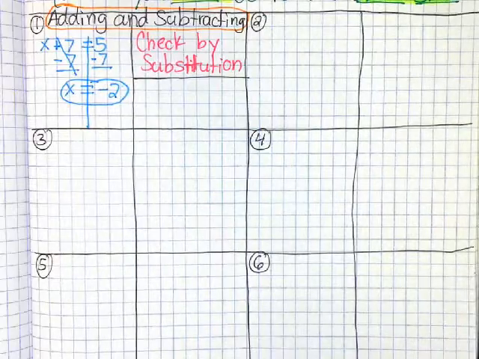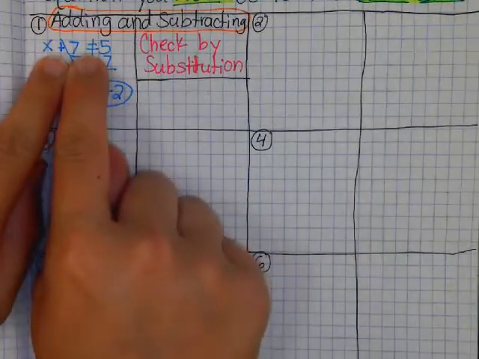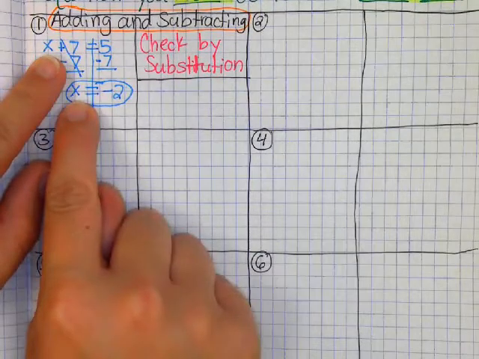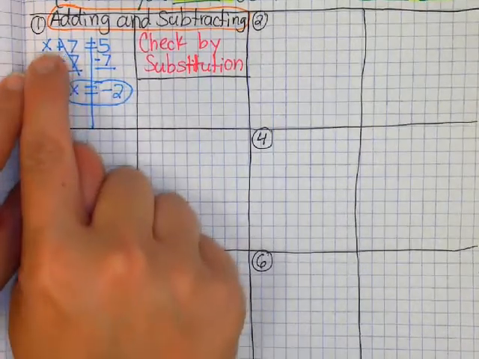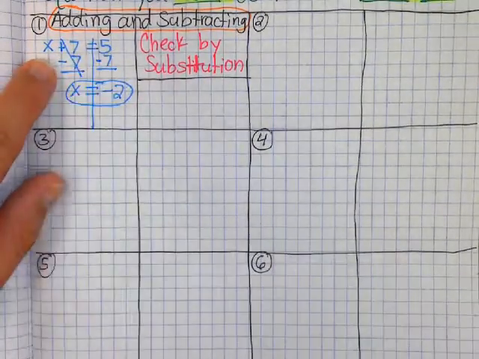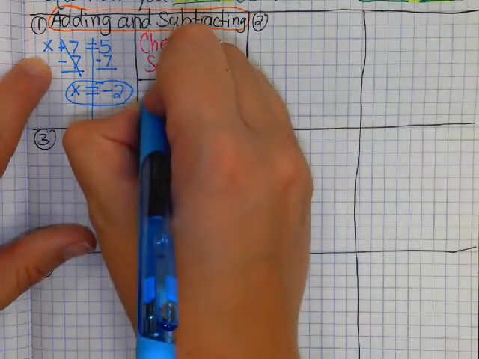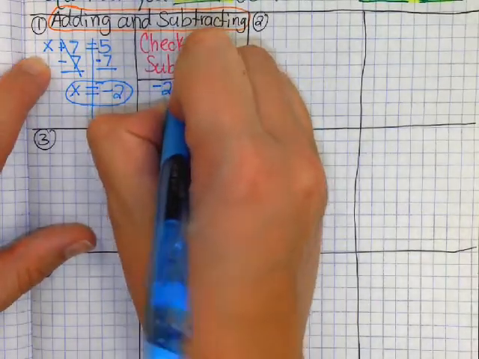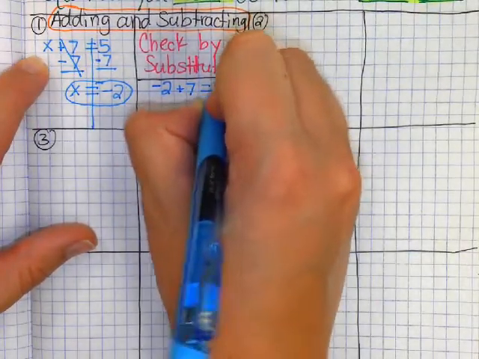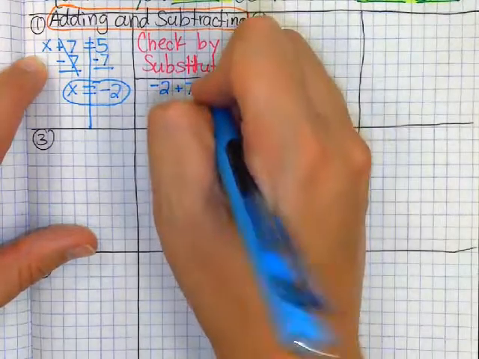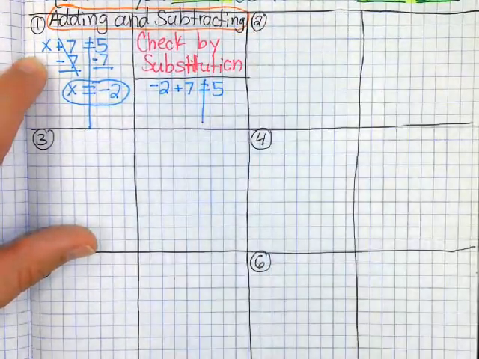We take our original equation, and I'm going to substitute x for negative 2. So instead of it being x plus 7 equals 5, this is going to be negative 2 plus 7 equals 5.